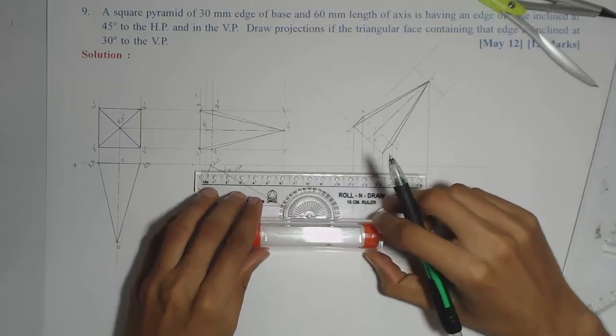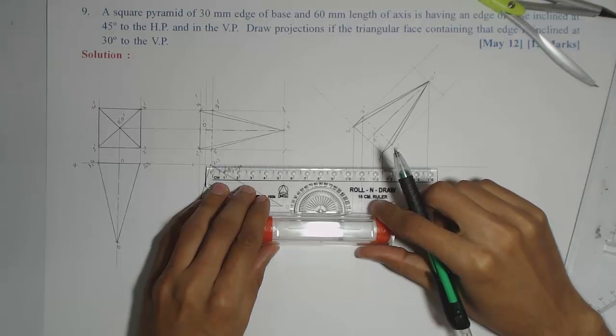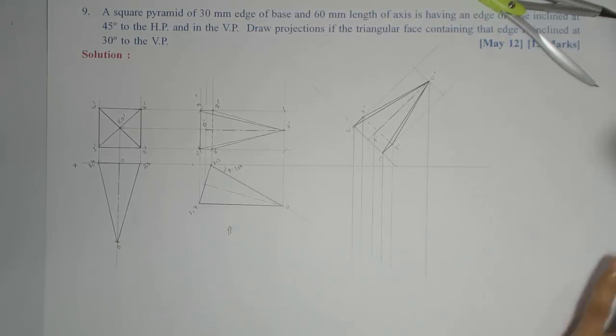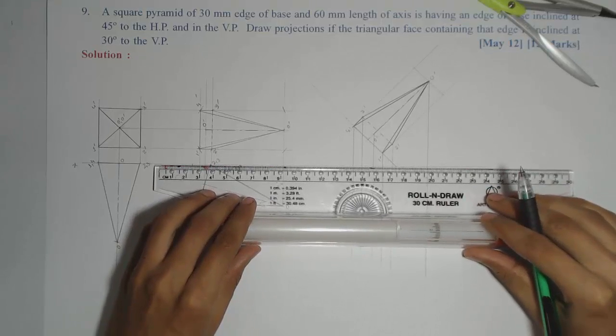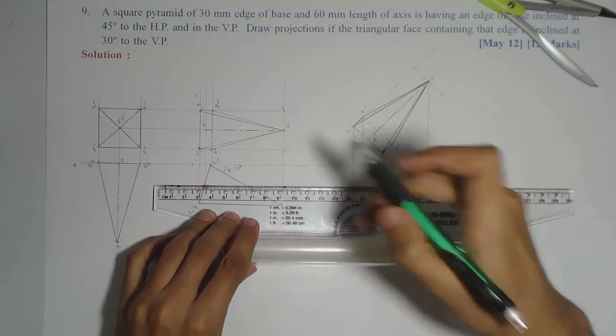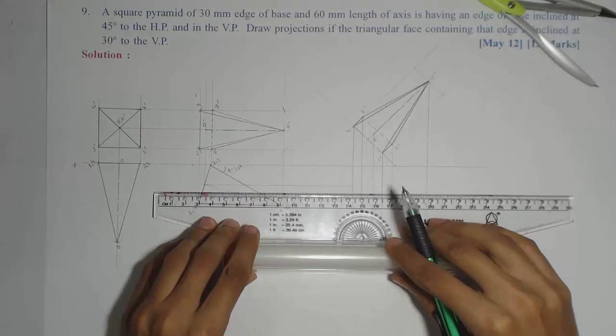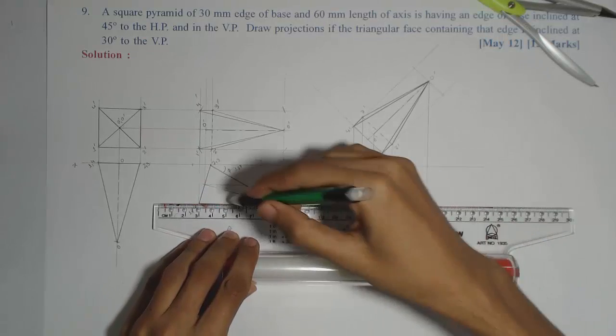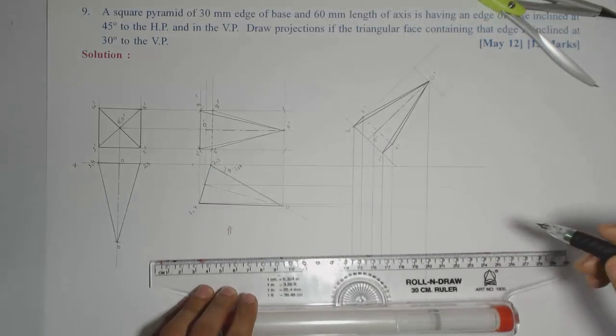Similarly from the top view. First, this is the center of the base, 4 dash, then the apex, and then this chord.